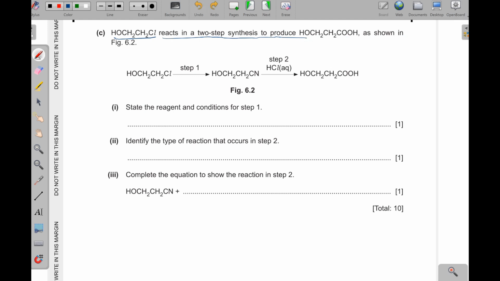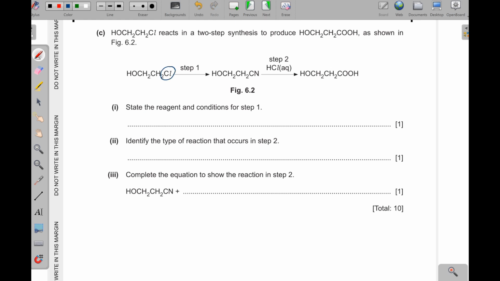So the first thing, you can see that these are two carbons, but here we have three carbons. So we have to increase the number of carbons by introducing potassium cyanide. When we put potassium cyanide, there is going to be a substitution reaction, and the potassium cyanide has to be in ethanol.